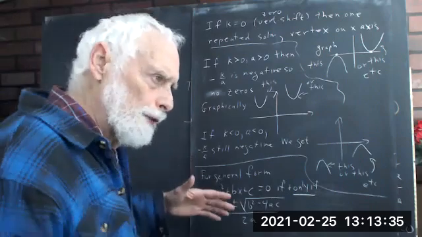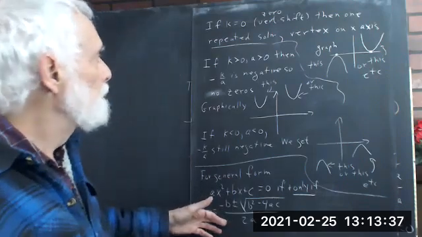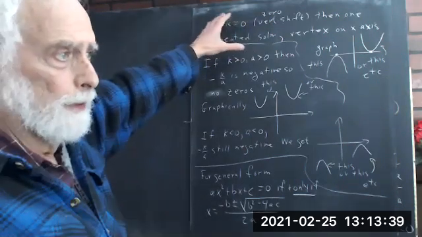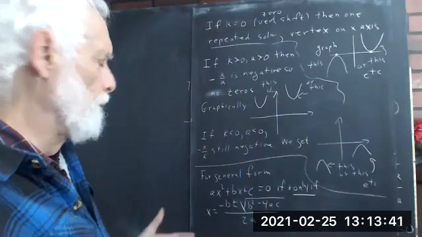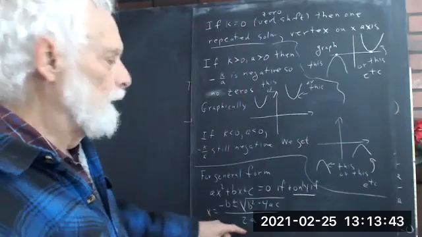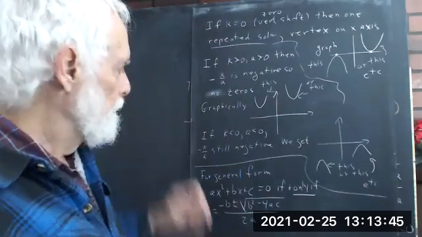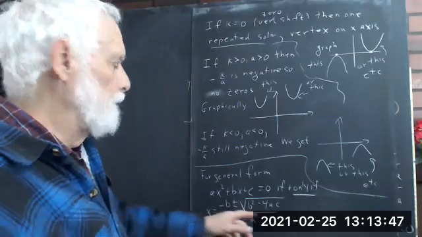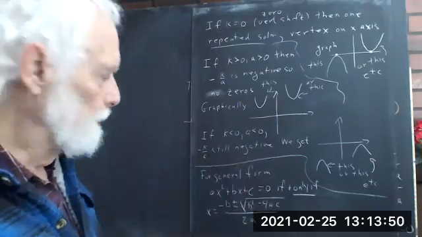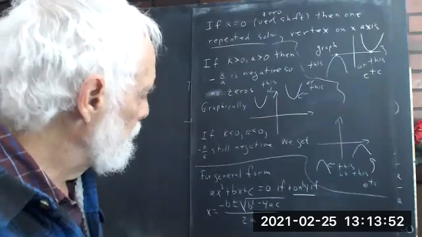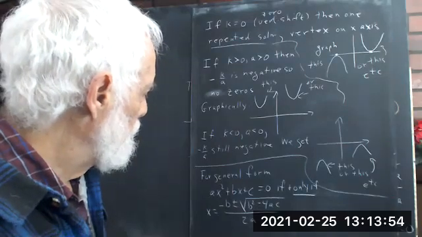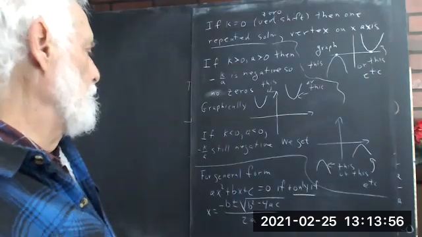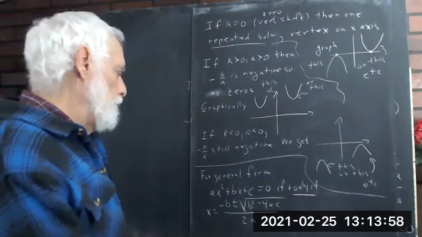Now I can draw all kinds of parallels between this and the vertex form and what we've learned about this from the vertex form, but we can just regard this independently. It's fairly easy to derive this by a process called completing the square. I'll probably go ahead and talk about that.